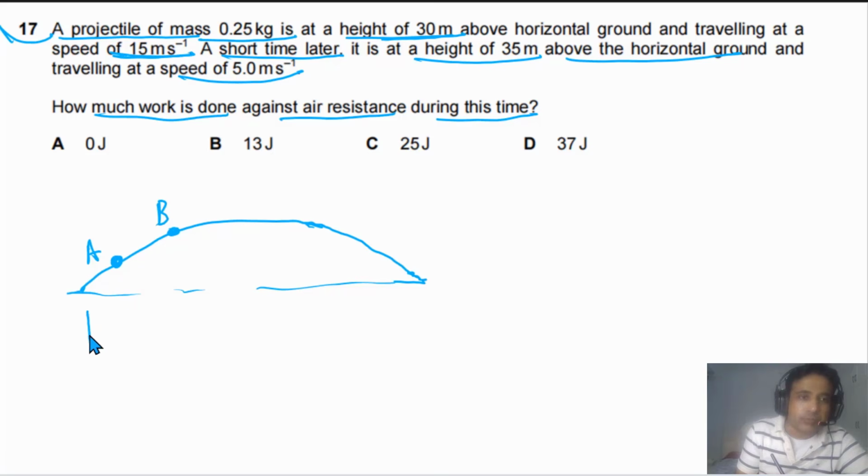So we can simply use conservation of energy in this case. Initial energy has to be equal to the final energy.